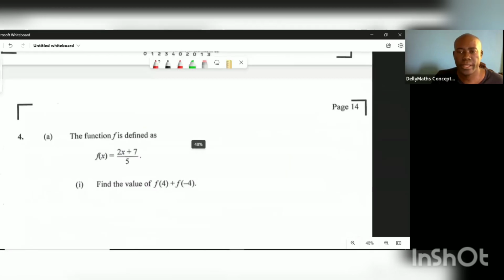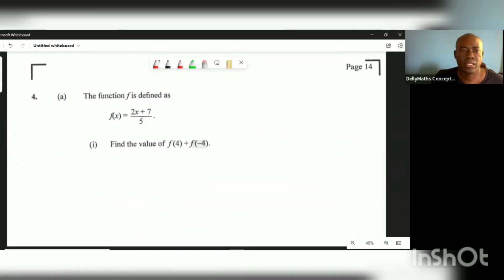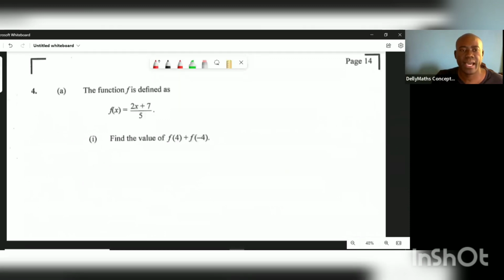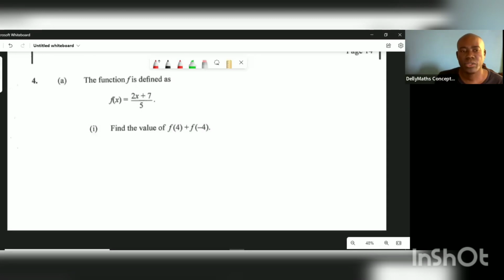So the fourth question now. It's a function. It says the function f is defined as f of x is equal to (2x + 7) all over 5. Find the value of f of 4 minus f of -4. We're going to evaluate these one at a time. So we want to evaluate f of 4.